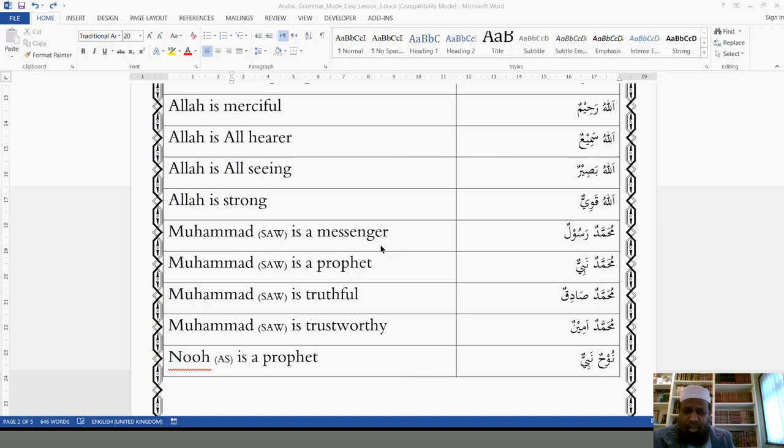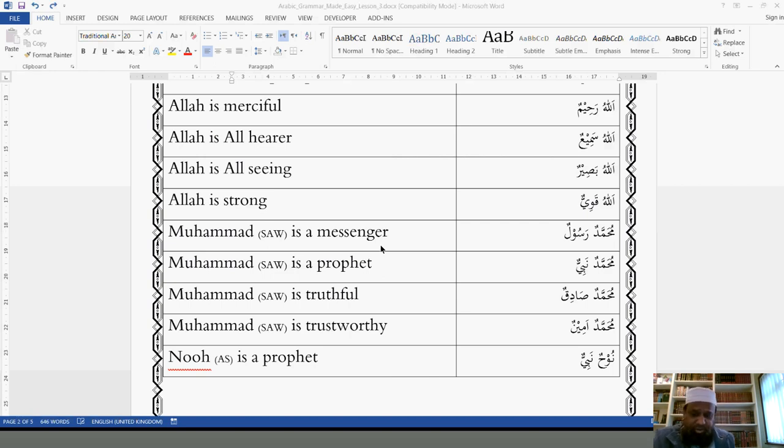Next, Muhammadun Aminun, Muhammad sallallahu alaihi wasallam is trustworthy. Nuhun, again a ma'rifa noun, a definite noun, a name. Nuhun, and the mubtada is ma'rifa. The mubtada is in halatul rafa.